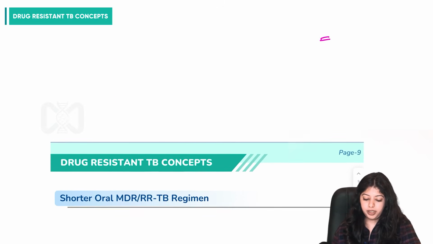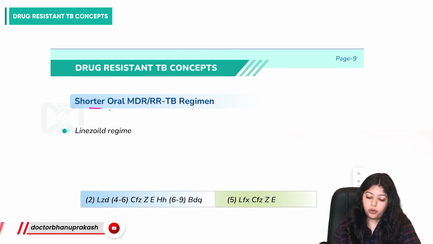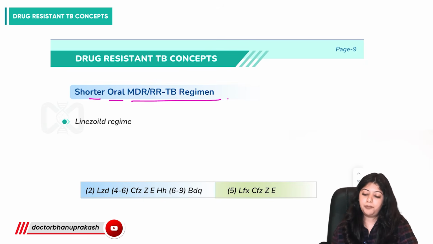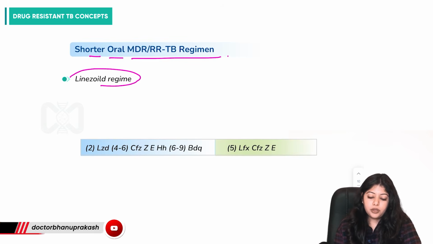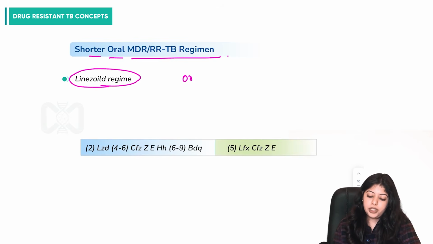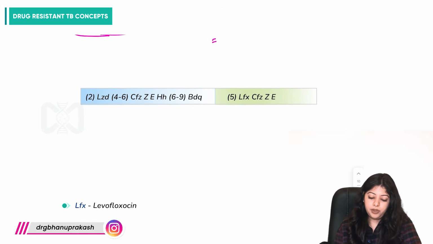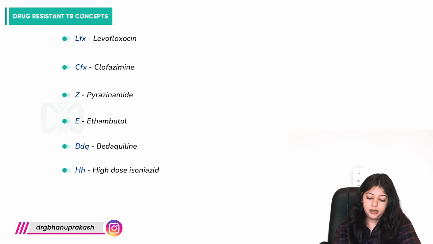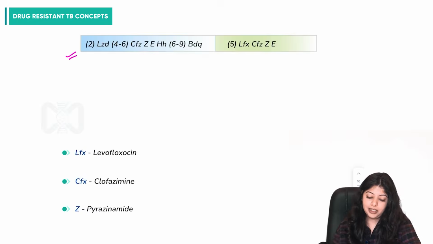Now coming to the next option, that is the shorter oral MDR or rifampicin-resistant TB regime. We have 2 different regimes, the linezolid regime and the ETO regime. For the linezolid regime, these are all the short forms and the expanded forms are provided in this particular list.